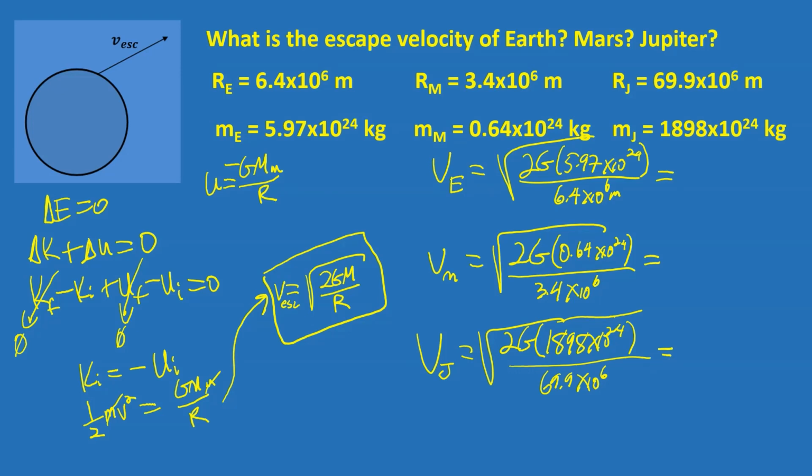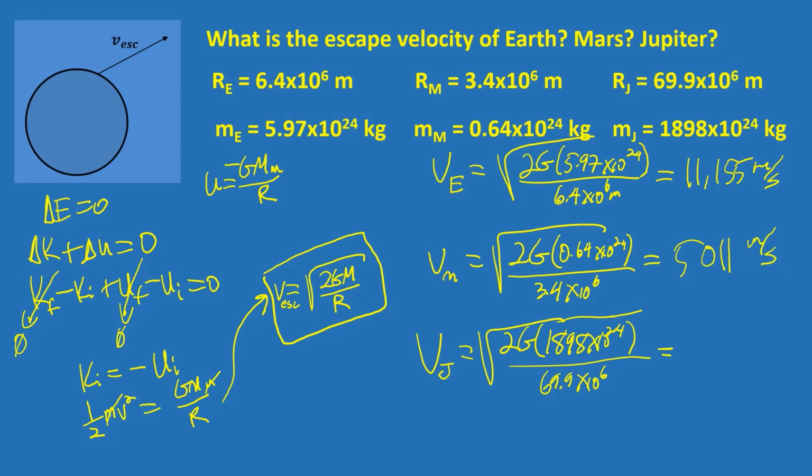All right, let's see what we came up with in our calculator. So for the escape velocity of Earth, we've got 11,155 meters per second. For Mars, we have 5,011 meters per second.